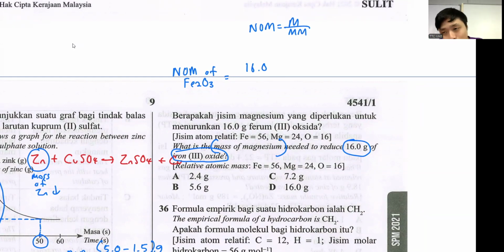Remember, you always start with the one that has information first, which is Fe2O3. So 16.0 gram over 2Fe, which is 2 times 56, plus 3O, which is 3 times 16. I believe you will get 0.1 mole.